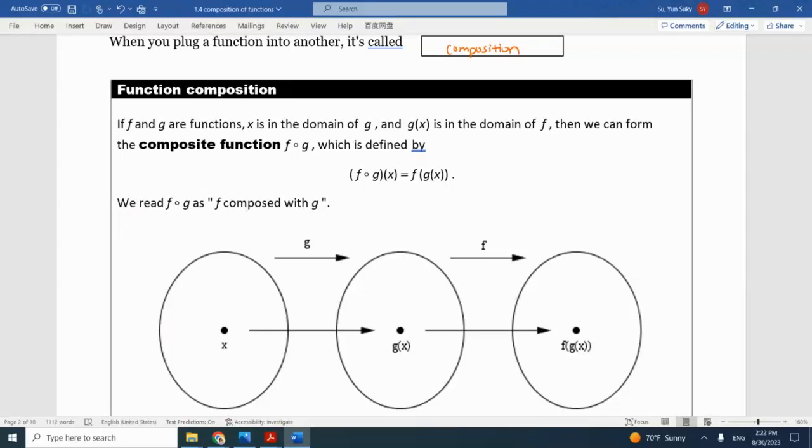Okay, and also you see degree like the angle. Let's say this is 60 degrees. You also put a circle. But this circle, you don't put it on top. You put it at the middle. That is composite.